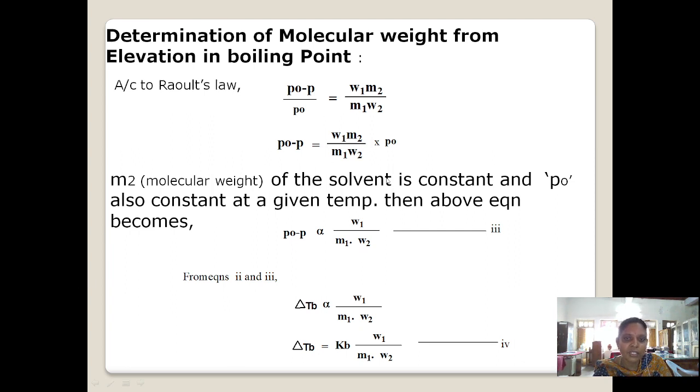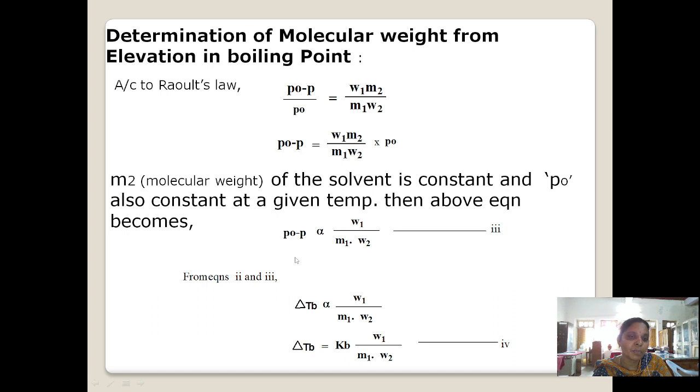The molecular weight of solvent is constant and P0 is also constant for a given temperature. Then the above equation becomes: lowering of vapor pressure, P0 minus P, is directly proportional to W1 by M1 into W2.